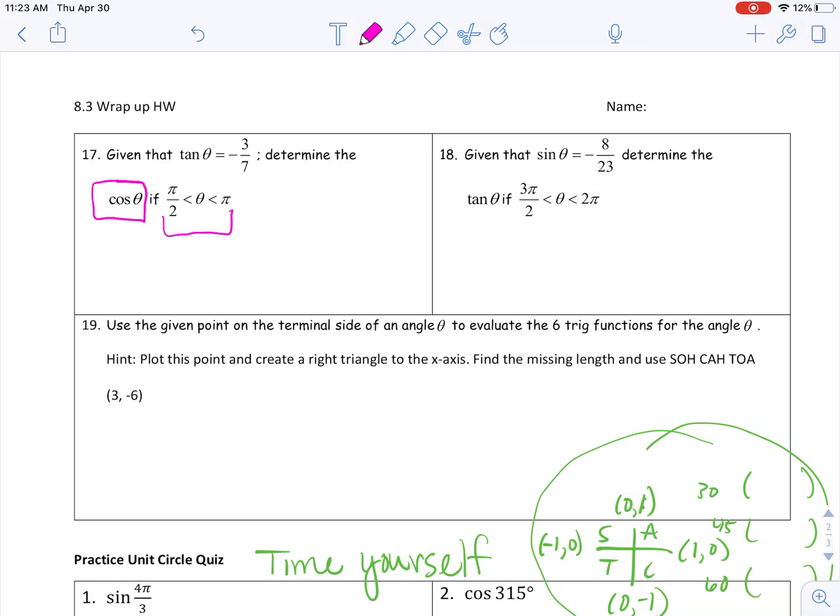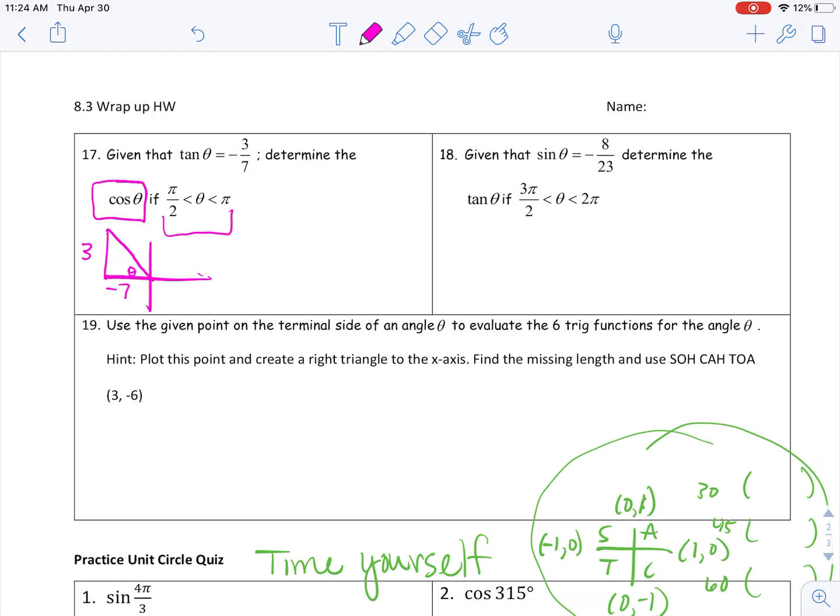For starters, I'm going to draw a picture and put it in the right quadrant, because that just makes sense. I'm between pi over 2 and pi, which is 90 and 180, so I'm going to draw this triangle in quadrant 2. I'm going to put my theta where the reference angle goes. If I label the sides from my tangent, opposite over adjacent was 3, and then a 7.